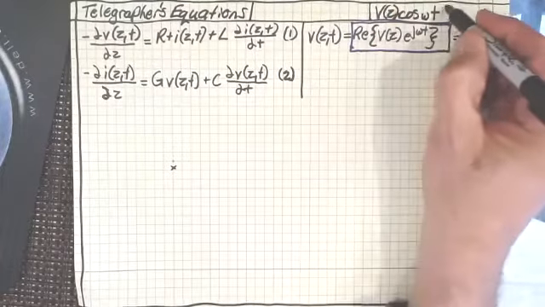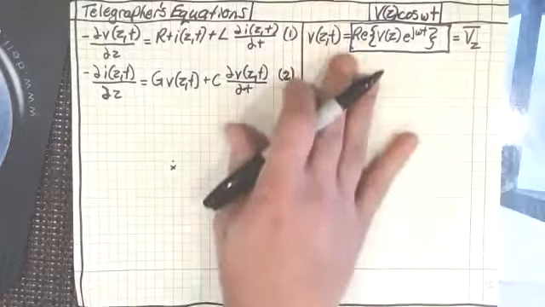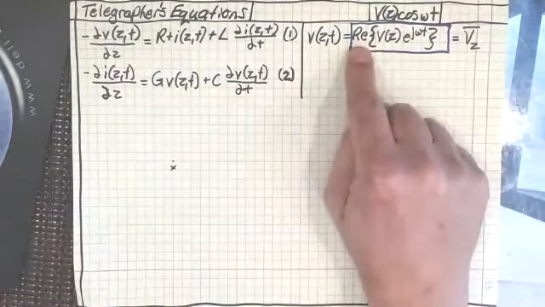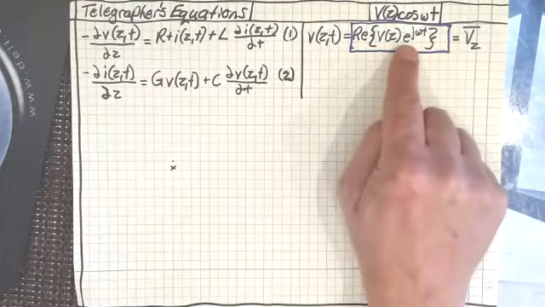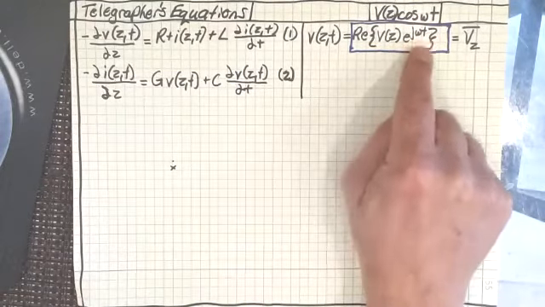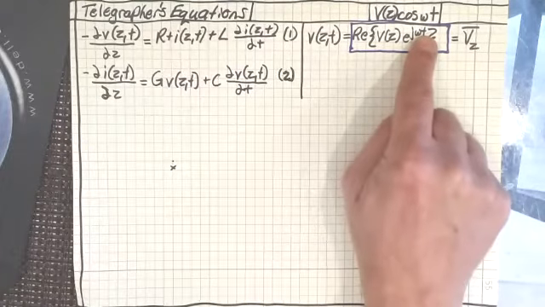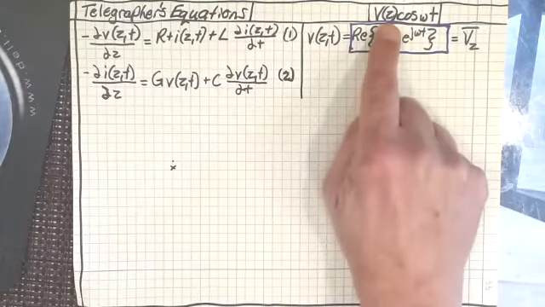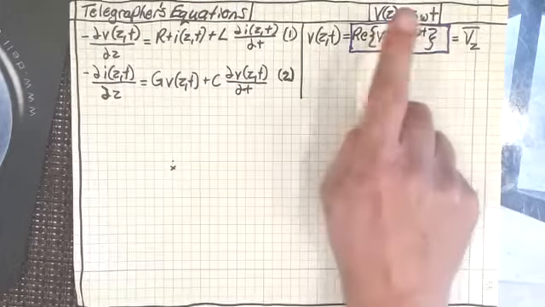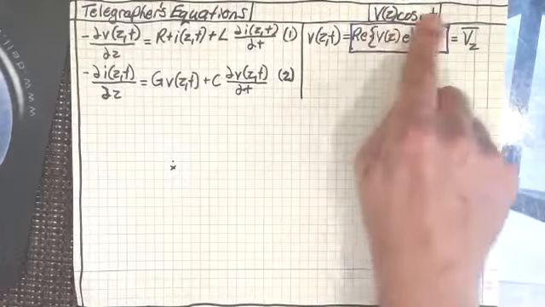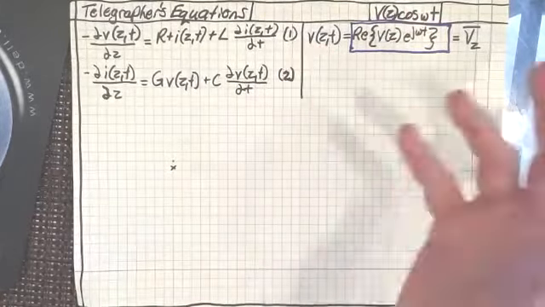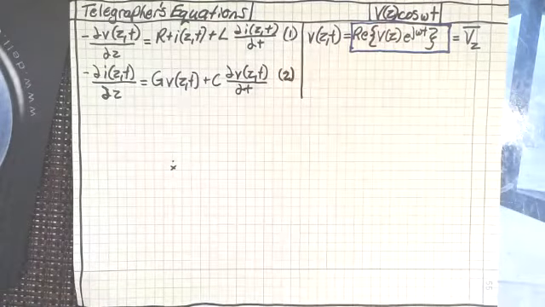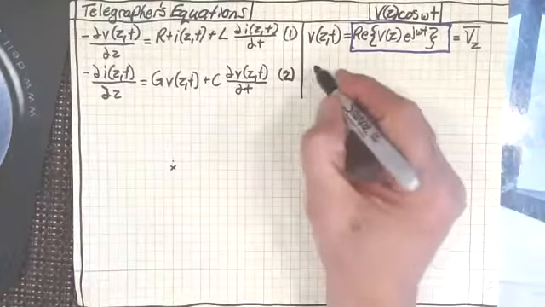Those two are equivalent, because e to the j omega t is cosine omega t plus j sine omega t, but the real part of that would be V of Z, function of Z, cosine omega t. And so that's what I'm saying. This is changing sinusoidally, of course it is, but it's a function of z too. Okay, now.